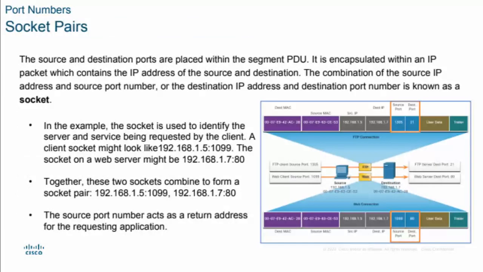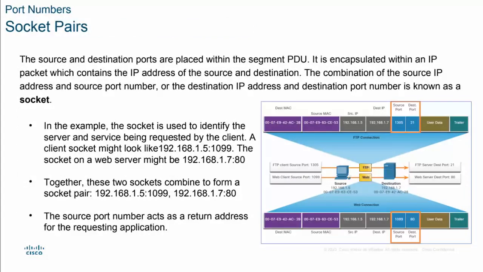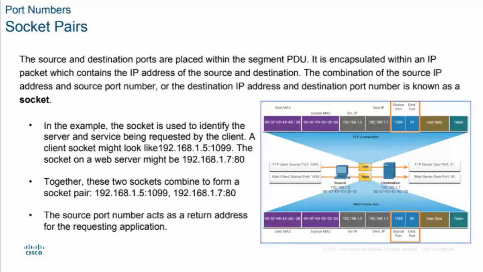A socket pair is actually the IP address and the port number. They write it like this: 192.168.1.5, this is the IP address, then a colon and the port number, 1099. A socket on a web server might look like 192.168.1.7 colon 80.